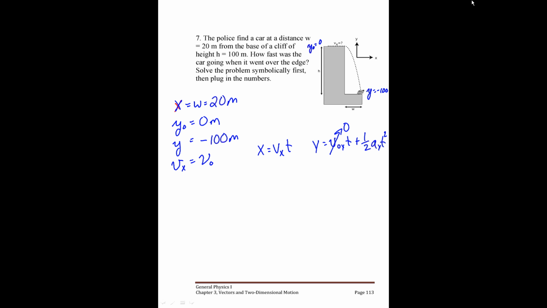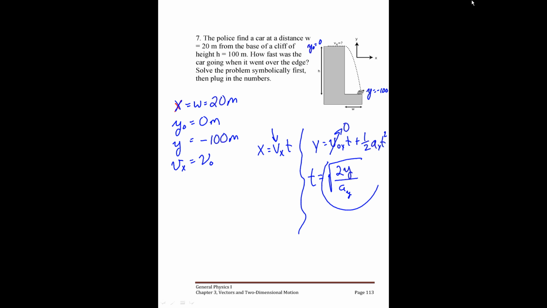Now I'm looking for Vx, and I have it right here. But I have two unknowns in this equation, t and Vx. So I'm going to solve this second equation for t, and I find that t is equal to the square root of 2y over a y, the acceleration in the y direction.